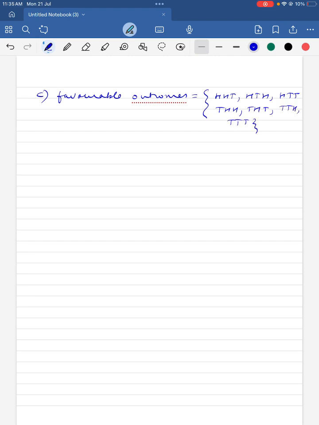Now I've included TTT because it is having less than 2 heads, right? So 0 heads is as much as less than 2 heads. So that is fine to be included here. So the number of favorable outcomes here is also equal to 7. Therefore, the probability of at most 2 heads is equal to 7 by 8 again.